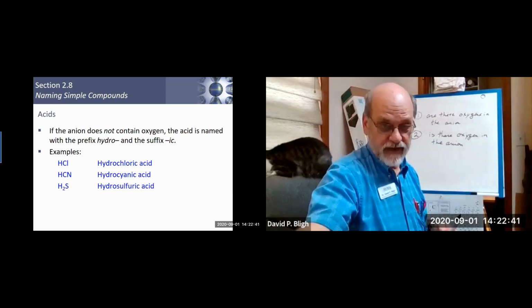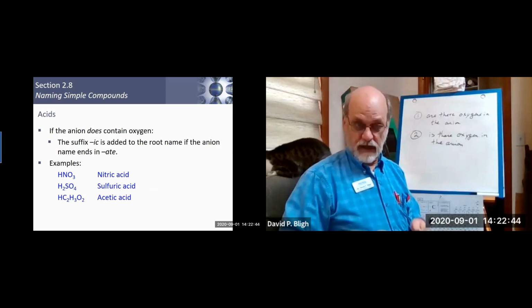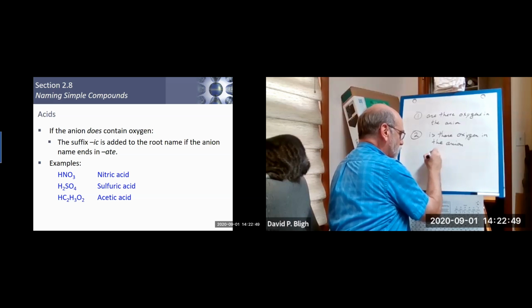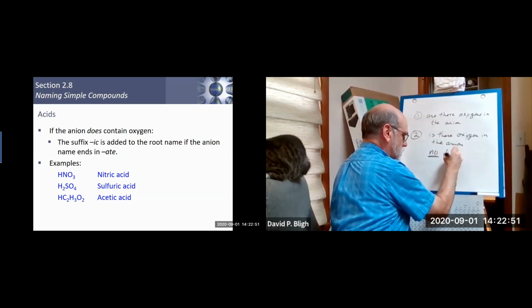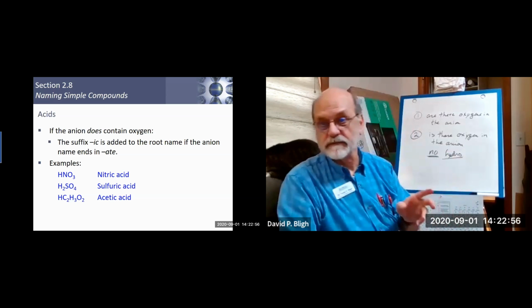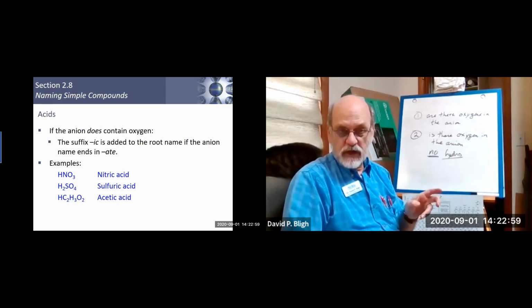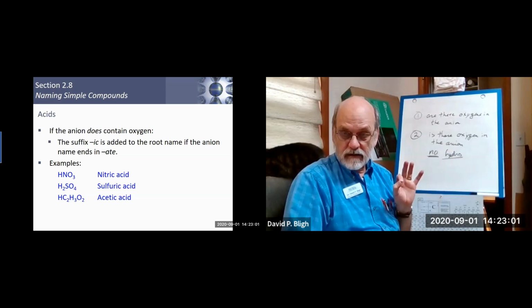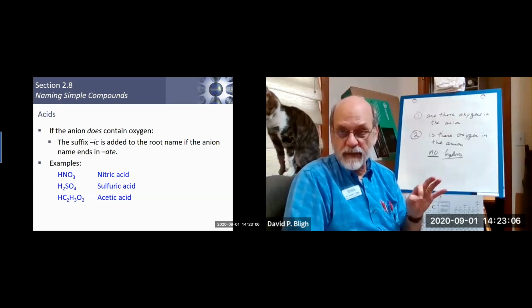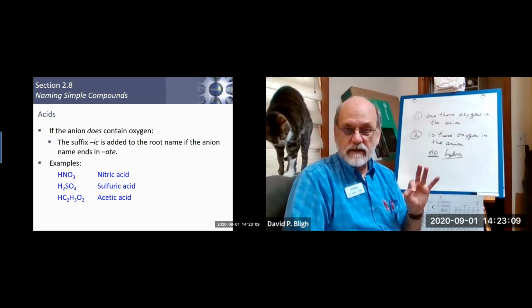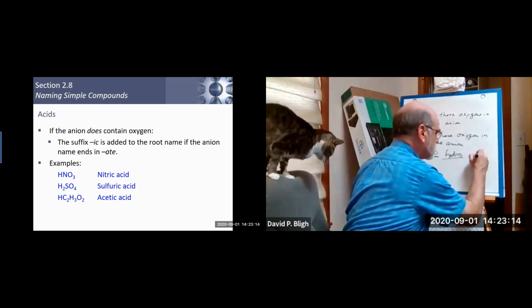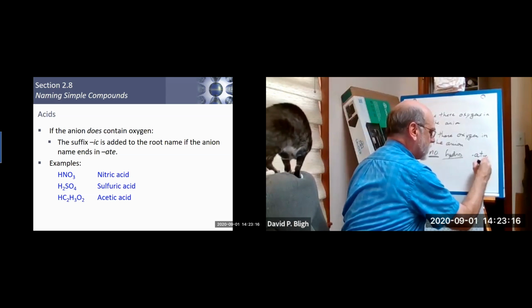If there is oxygen in the anion, you drop the hydro. You don't say hydro. If there's oxygen in there, you just take the anion, and it's going to be a polyatomic, obviously. You take the polyatomic ion and you change the ate ending to ic.